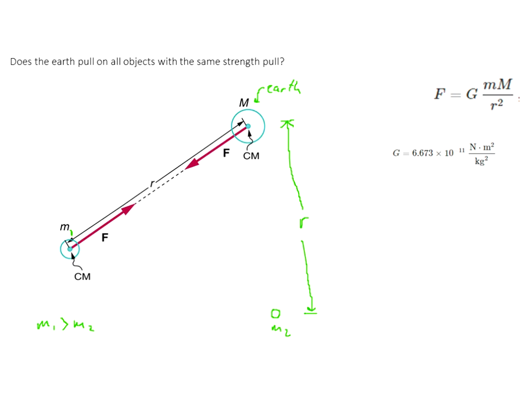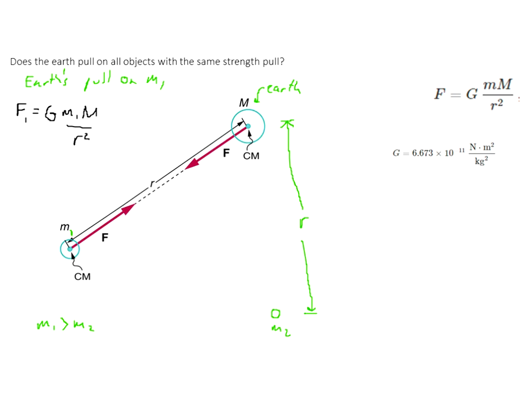So the Earth's pull on M1, that's going to be, and the green's a little bit hard to see, that's going to be G, which didn't look much like a G. G. So G M1M over R squared.